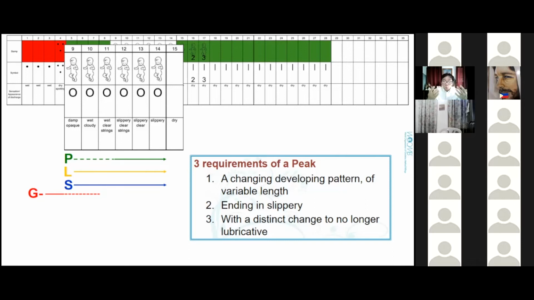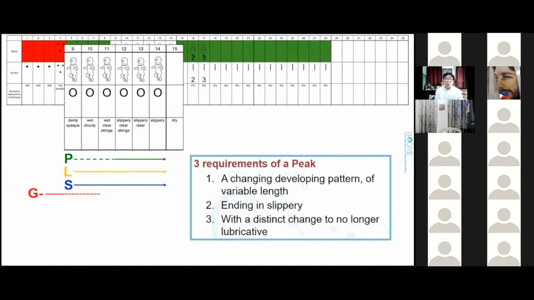It will become wet and then it will become slippery. I repeat, the changing pattern. It starts with a sticky or damp opaque sensation, then it will become a wet sensation, and then ending with a slippery sensation. That is the meaning of a changing pattern.